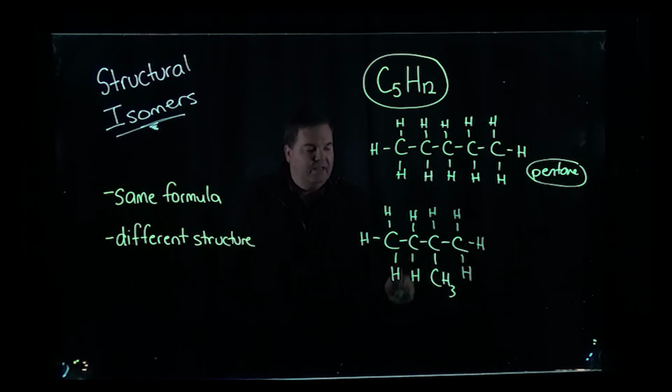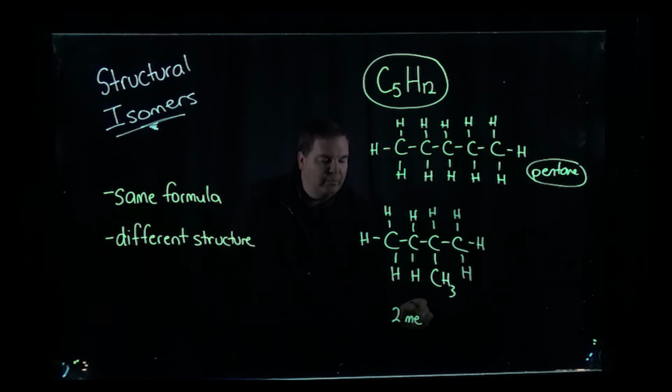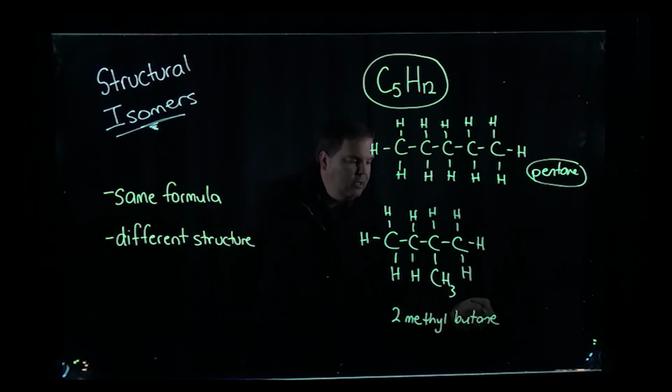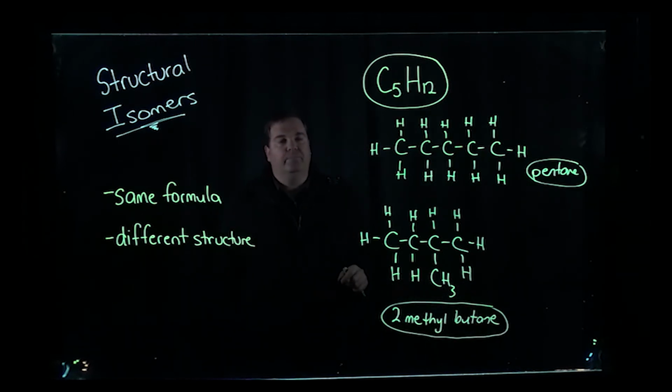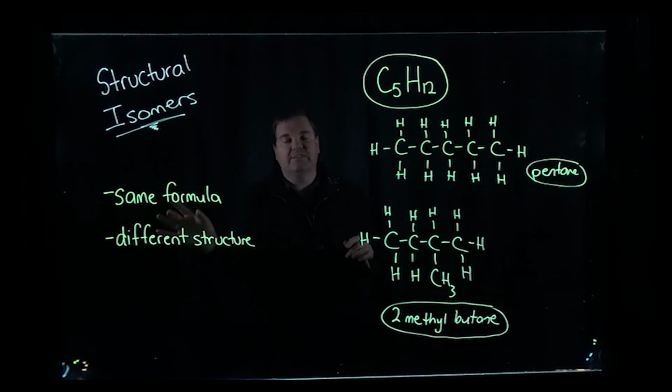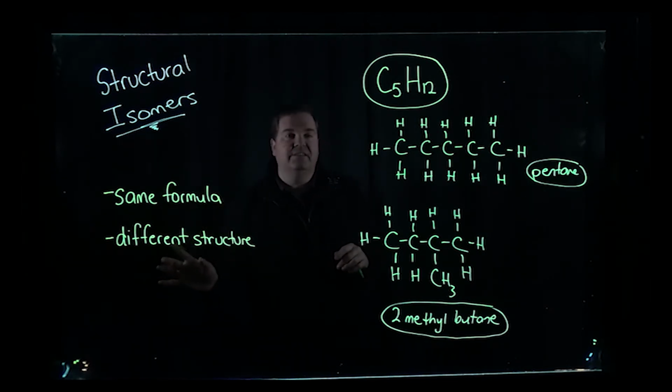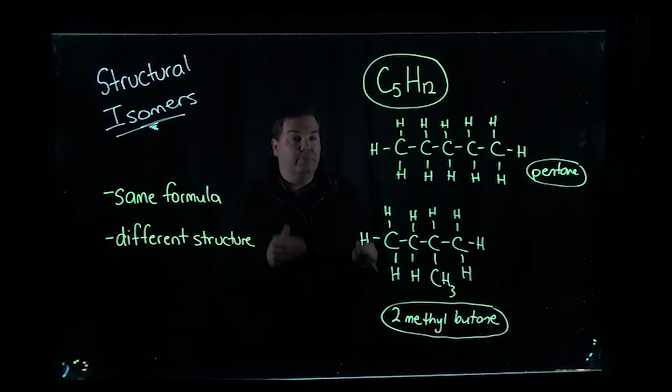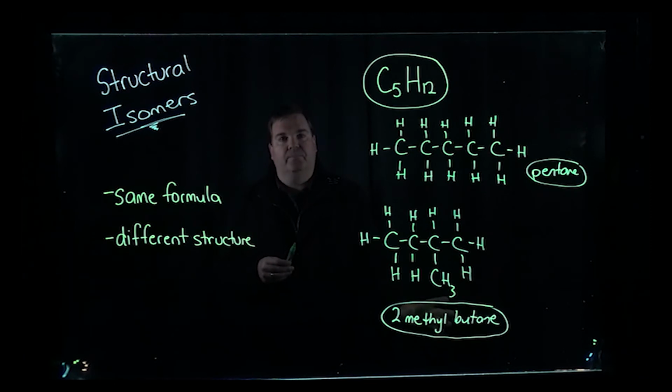This one is 2-methylbutane. We've moved one of the CH3 groups and changed what molecule we have. They have the same formula but a different structure, and they are completely different molecules. This one is pentane, this one's 2-methylbutane.